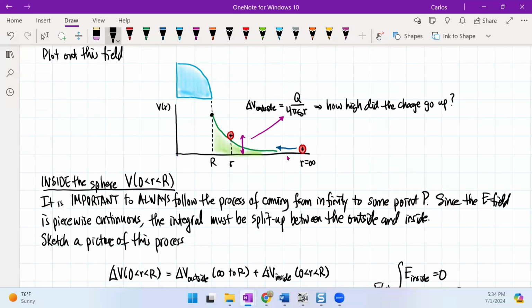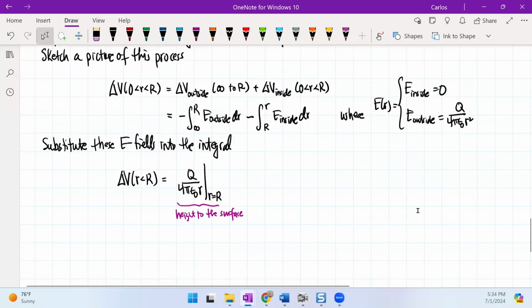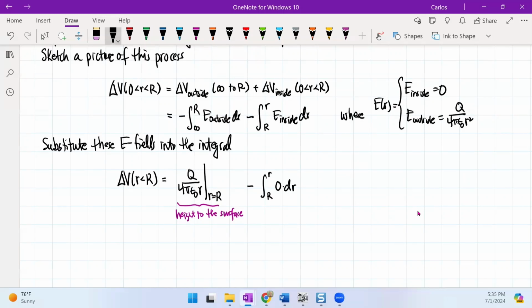It's the same field. All I'm substituting in is that little r is now big R. And then I come up to here, and then I have to integrate the electric field inside, but that electric field is 0. So clearly, this guy is 0. And what this tells me here is that the potential inside is big Q divided by 4 pi epsilon big R. This is the potential from infinity to some point inside.